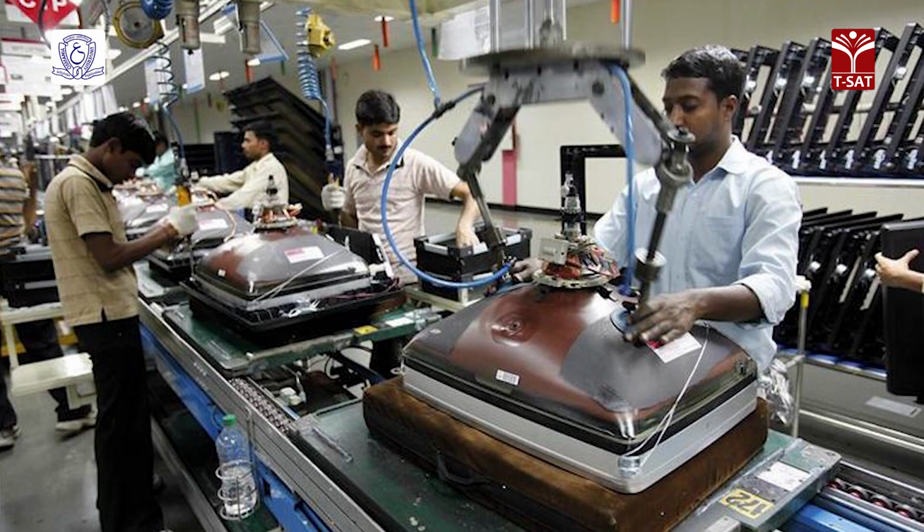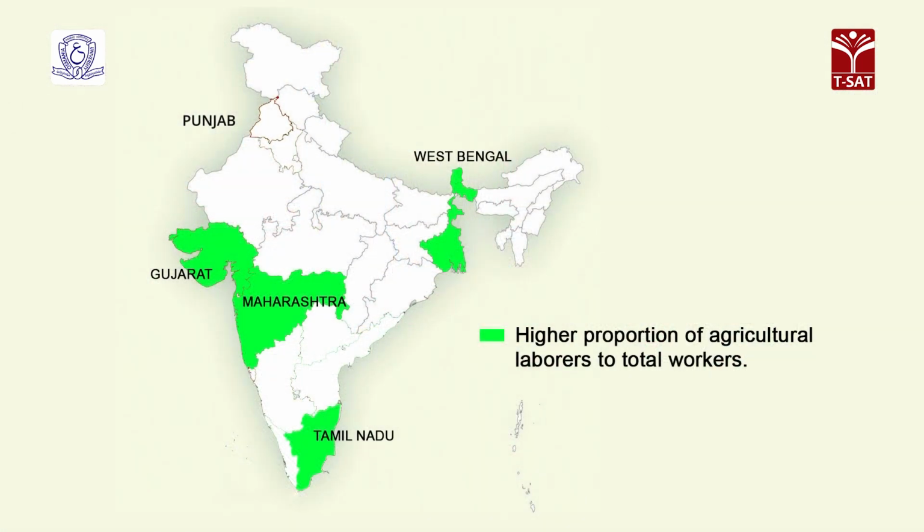Industrially developed states like Gujarat, Maharashtra, Tamil Nadu and West Bengal are still maintaining a higher proportion of agricultural laborers to total workers, as the industrial sector of these states has failed to enlarge the scope of employment sufficiently to engage more and more rural workers.